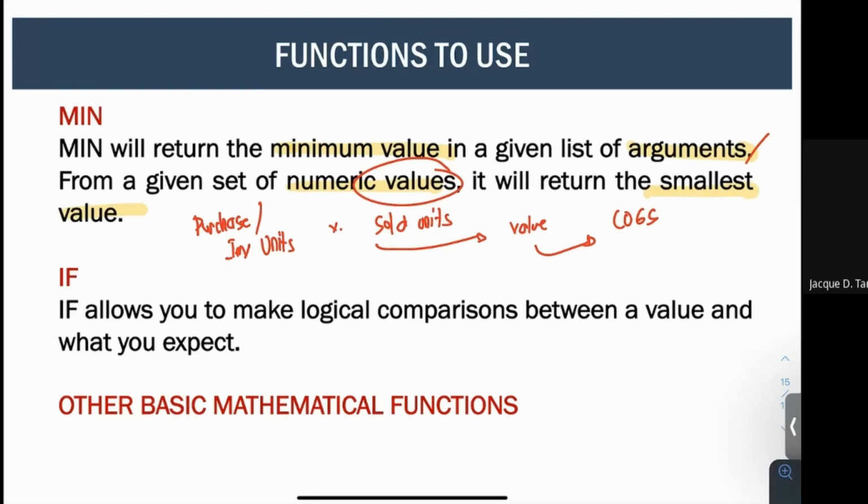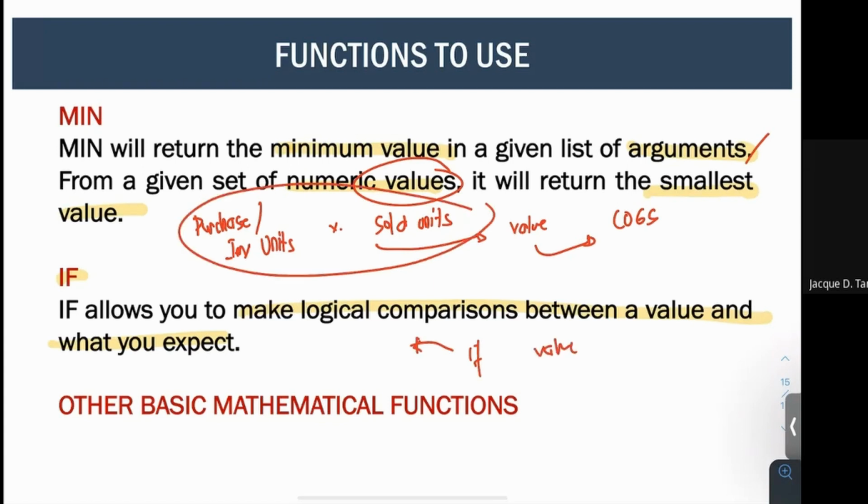Next, we have the IF function. How do we make use of your IF function? IF allows you to make logical comparisons between a value and what you expect. So if we already get a value based on this, it should return a value to compute for our cost of goods sold.